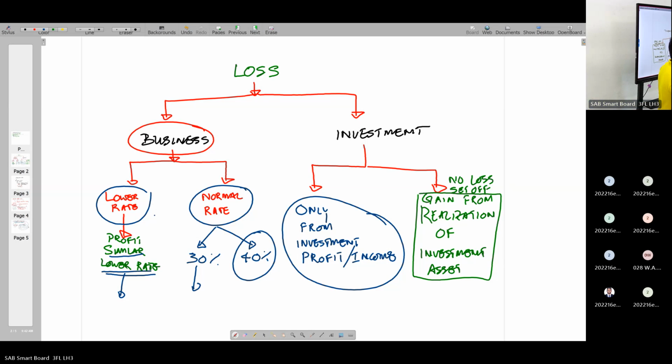Okay. So we'll discuss this again when we are discussing the tax rate as well as when we are discussing investment income. So the next topic is investment income. When we discuss the investment income, again I am talking about the gain from the realization of investment assets. Right? So basically, right now you can write here that this is capital gain tax.